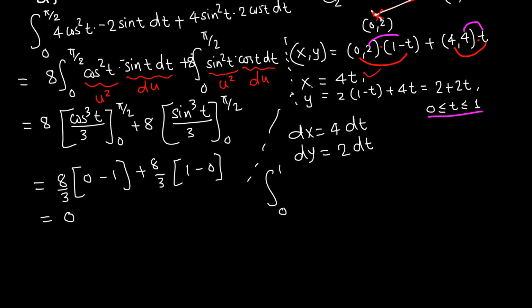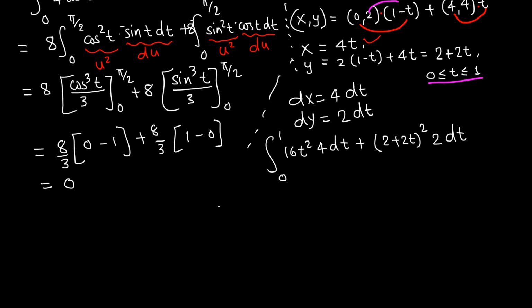So x squared means (4t) squared, 16t squared, times dx, which is 4 dt, plus y squared, (2 plus 2t) squared, times dy, which is 2 dt. So it's pretty much Calculus 1 now. Let me separate into two integrals due to this plus.